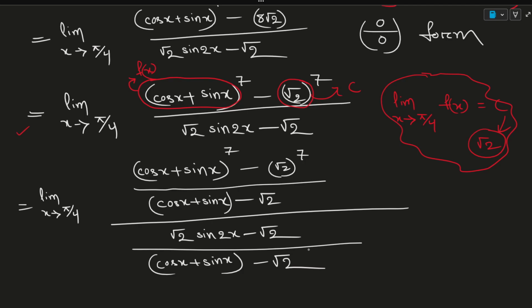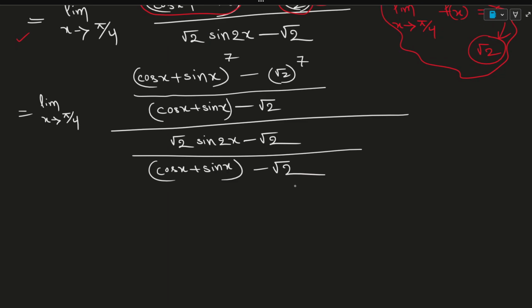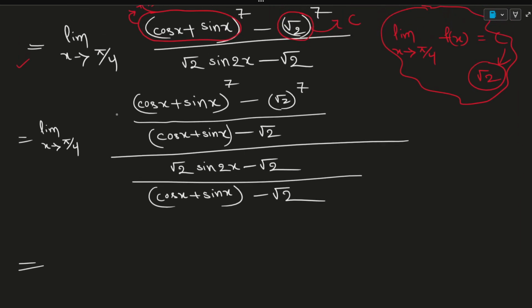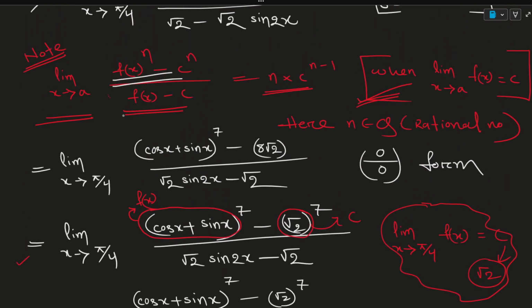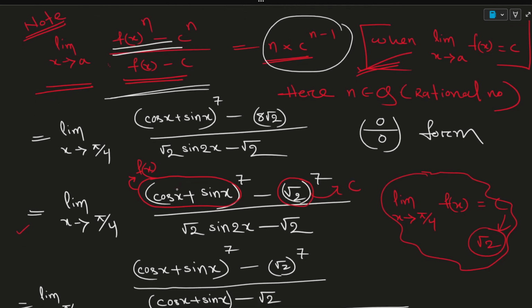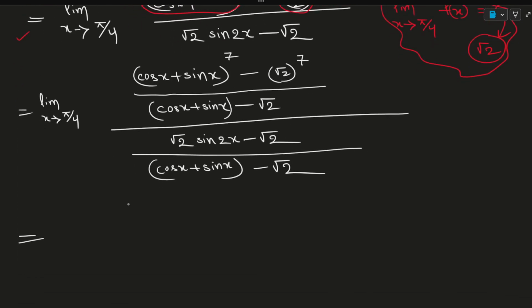Then if we see carefully, our numerator is in the appropriate format. So the limit of the numerator will be n into c to the power n minus 1. Here n is 7. Let me write it clearly once more.